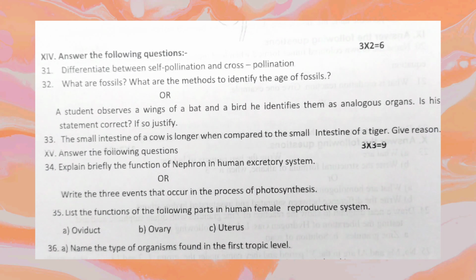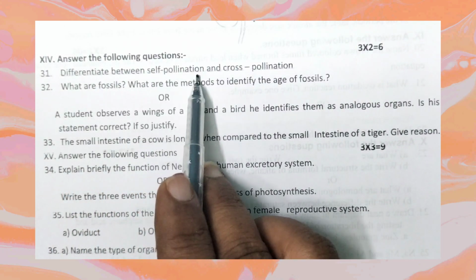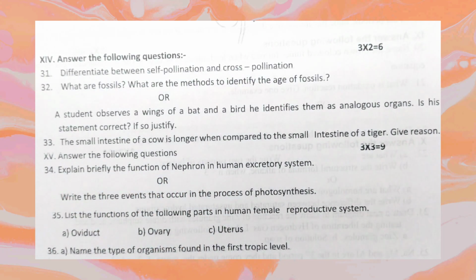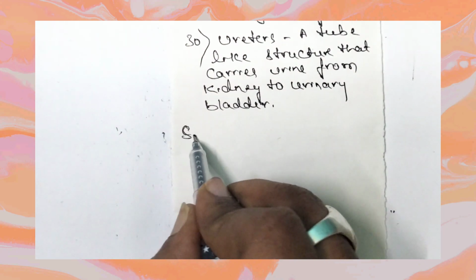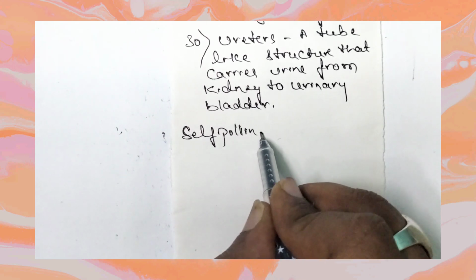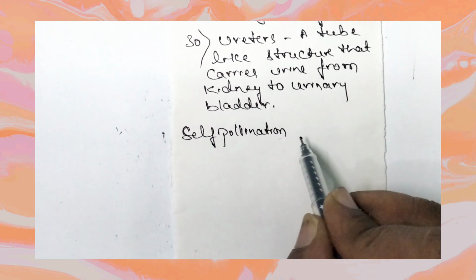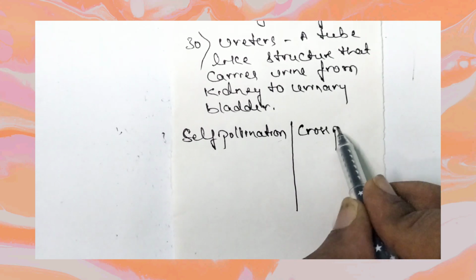Next, let us move for the 31st question. That is differentiate between self-pollination and cross-pollination. So now one side let us write the self-pollination, another side let us write the cross-pollination. Let us differentiate between self-pollination and cross-pollination.